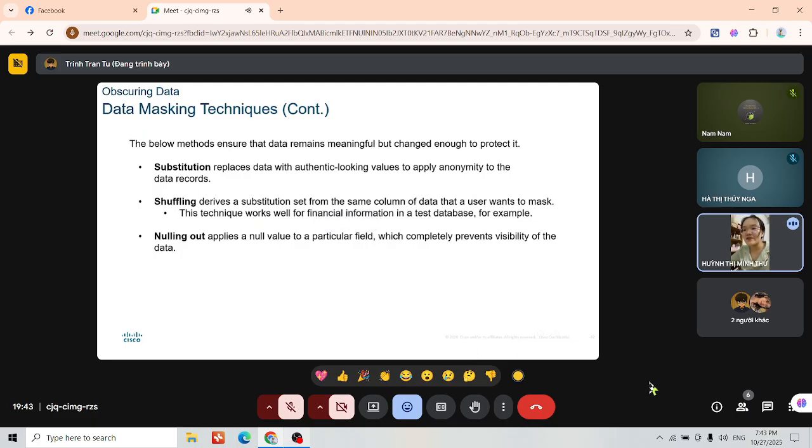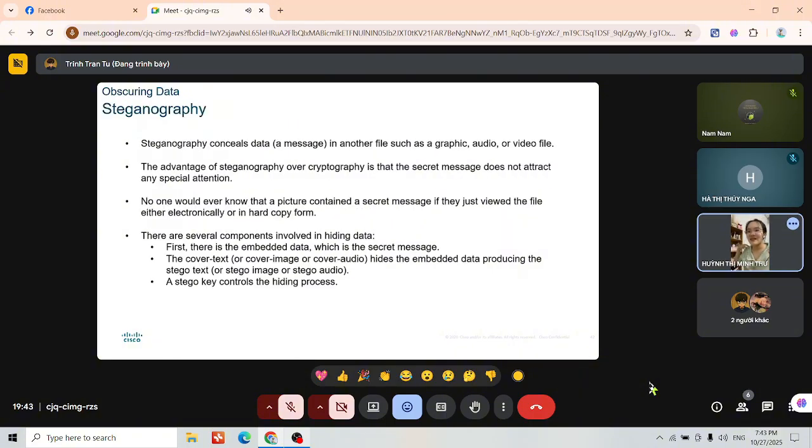The second, shuffling, derives a substitution set from the same column of data that the user wants to mask. And the last, nulling out, applies a null value to a particular field, which completely prevents visibility of the data. Next slide.